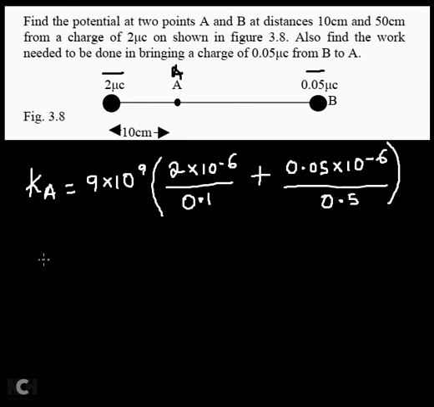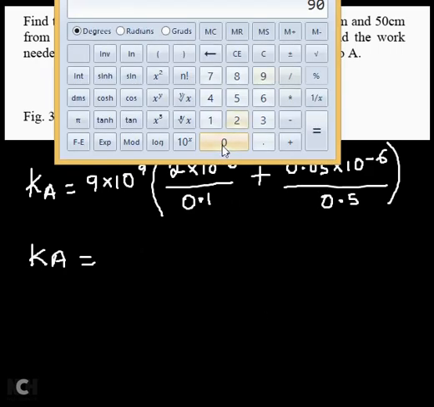All right, let's finish up. What do we have here? 2 divided by 0.1, that's 20. And 0.05 divided by 0.5, that's 0.1.